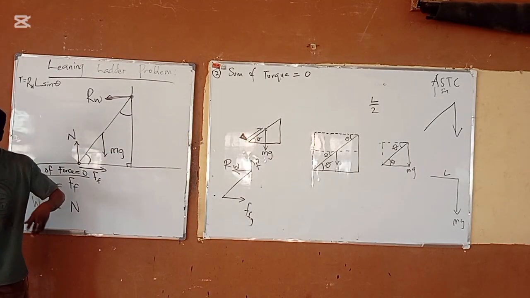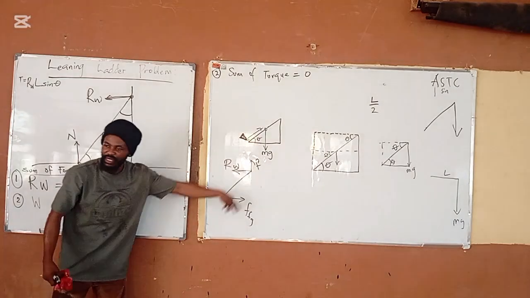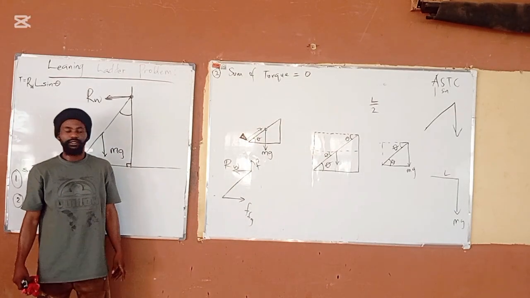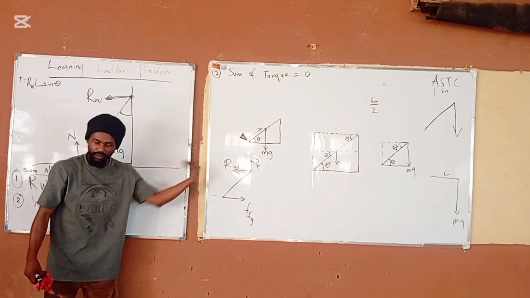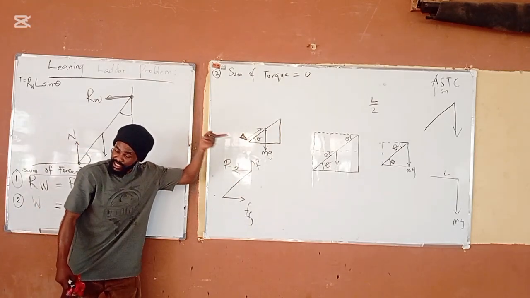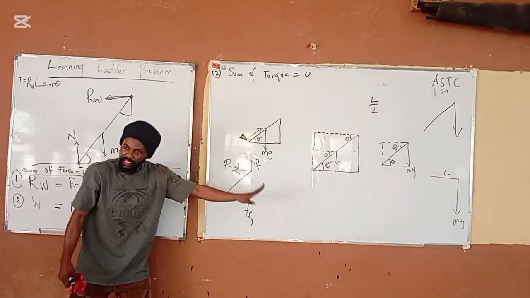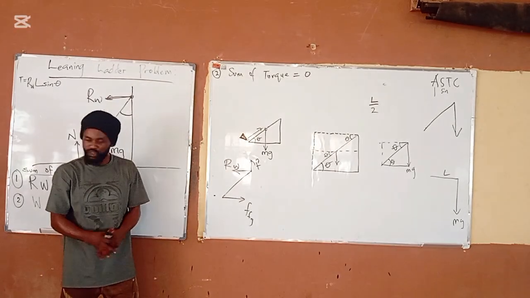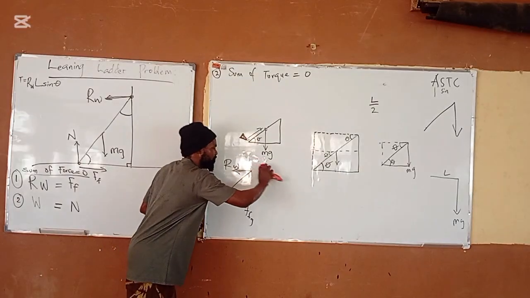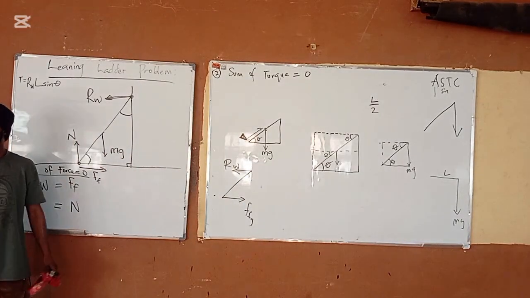Whenever I am considering the full length, these are the forces I should be looking at when it has to do with inclined plane. So reaction of the wall, friction pulling it up, provided they tell me that it is a frictional wall. Then friction on the ground. But if they say it's a frictionless wall, I have no business with this, which is the case for your level. These are the two forces I'm looking at.